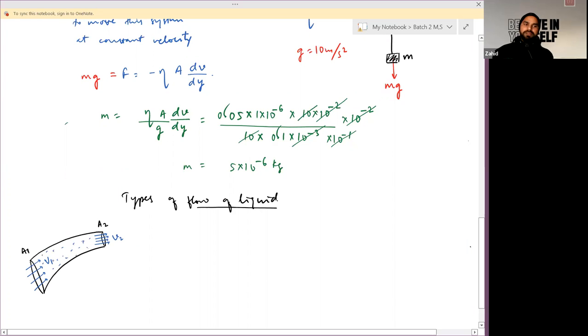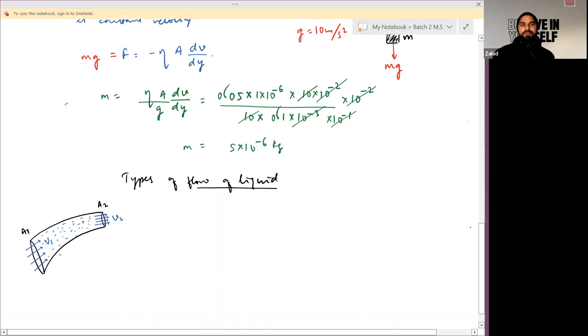This will be possible only if there is no viscosity between layers of liquid. So we can say this liquid should be non-viscous. Next, it should be incompressible, and it should be irrotational. So this particular flow of liquid should be ideal, so we can call it streamline or ideal flow.